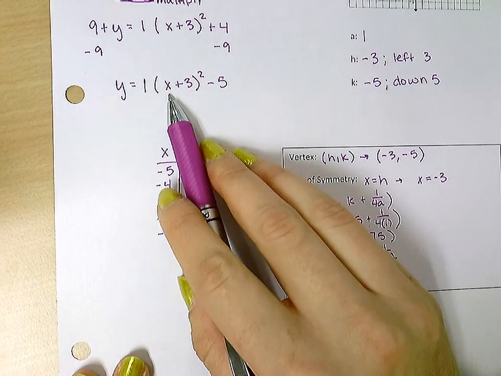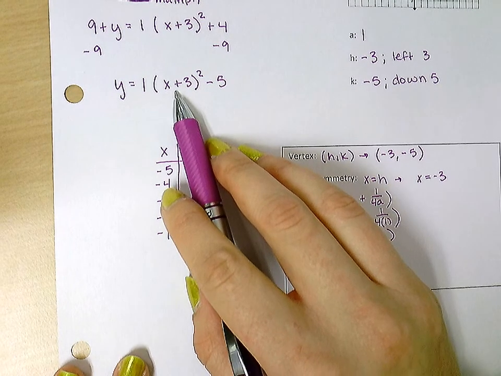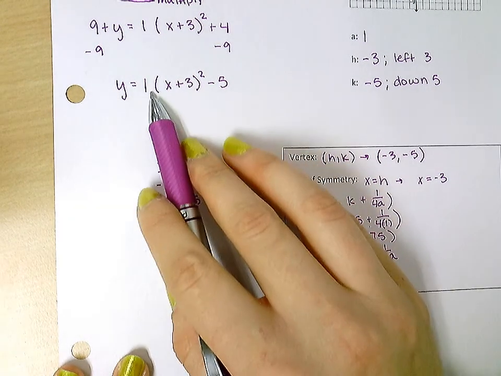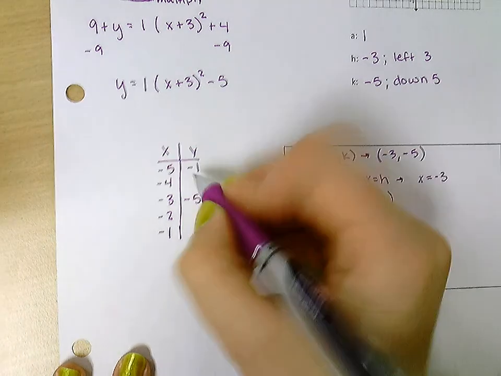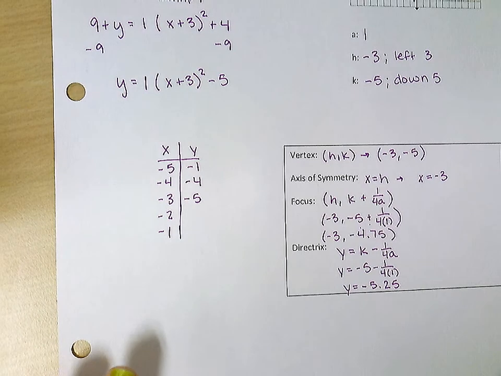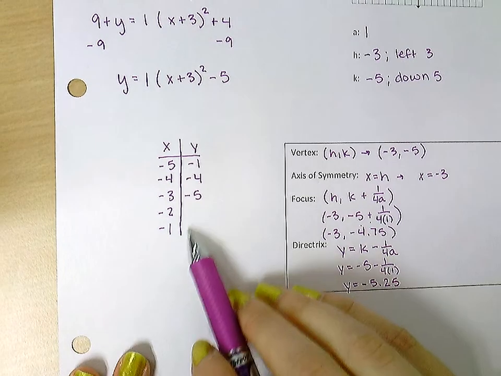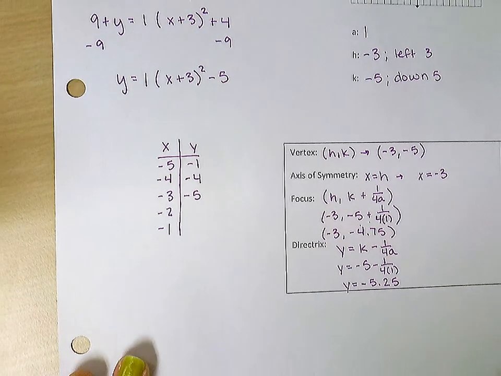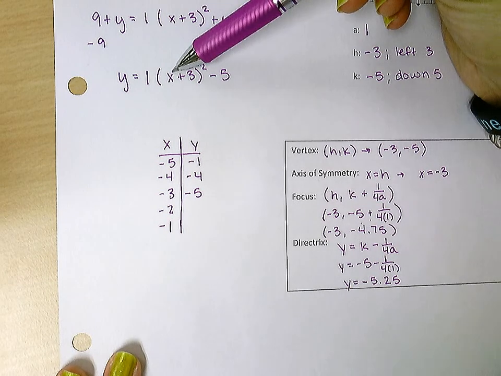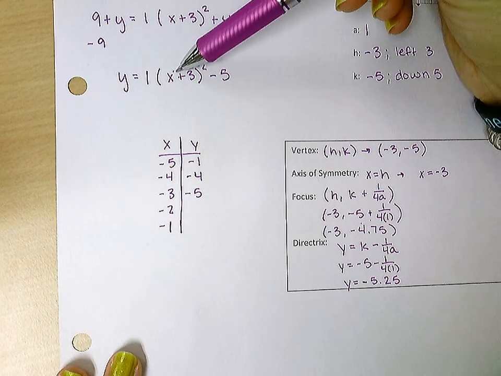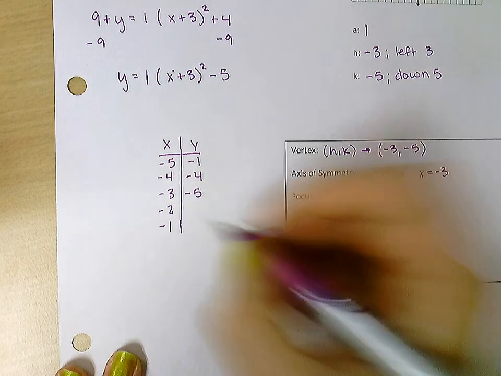Okay, plug in -4. I get -1. -1 squared is +1. So I have 1 times 1, which is 1, minus 5 is -4. Now, since I surrounded that vertex, these other two numbers should follow suit with those two. So if I plug in -2, I get 1. 1 squared is 1. 1 times 1 is 1. Minus 5 is -4.